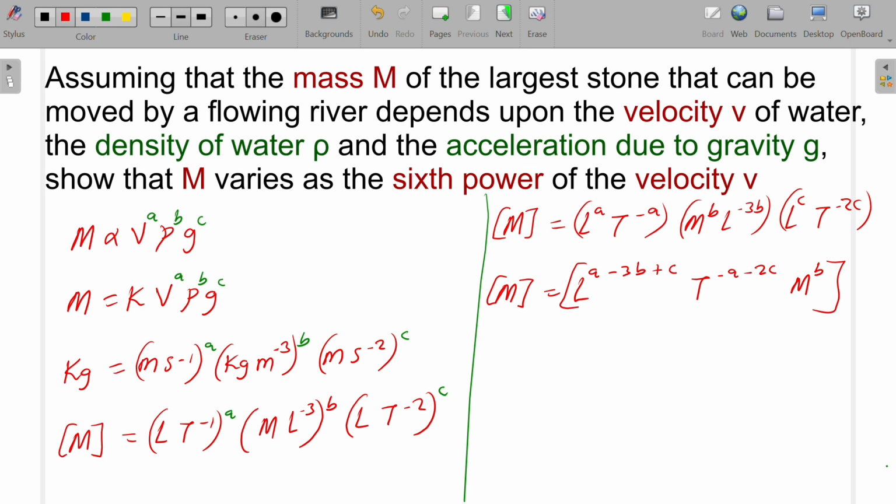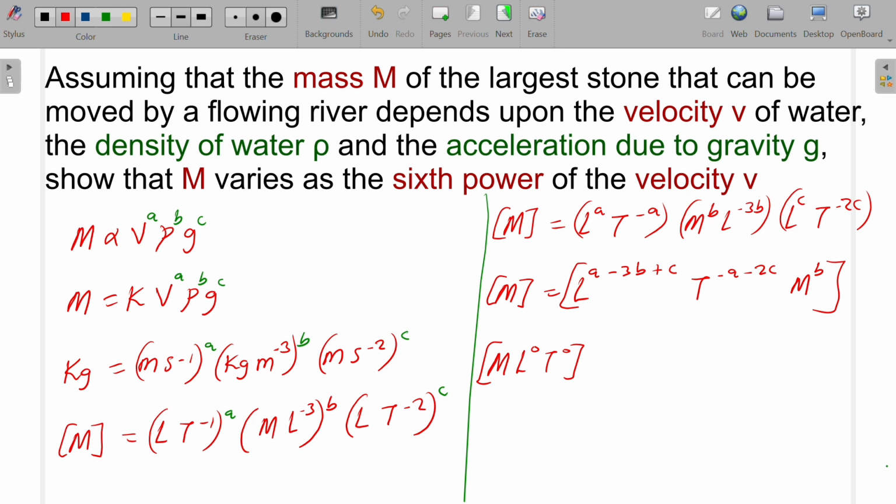We have m, then we have l to the power of 0, then we have t also to the power of 0. Anything to the power of 0 is 1. So t and l are to the power of 0. So when we multiply them, they're just like a 1. And still, we are going to have only m here.